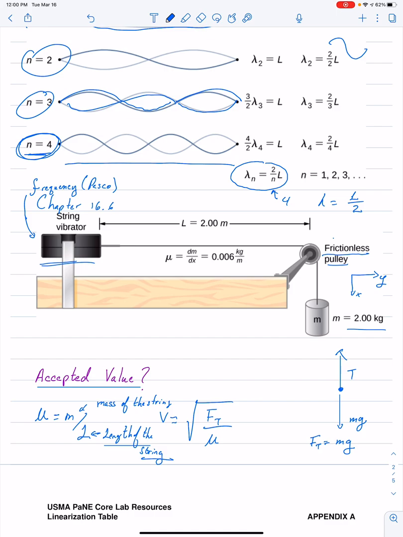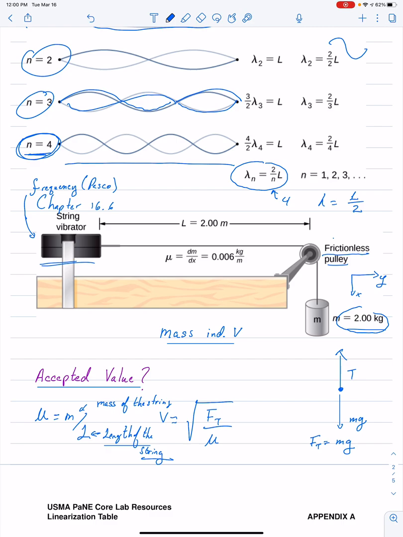Meaning that the way that you're going to do this is that you're going to change the mass. The mass will be your independent variable. You're going to change your mass of the string. That will change your tension. But you're always going to have to hit those 4 modes.